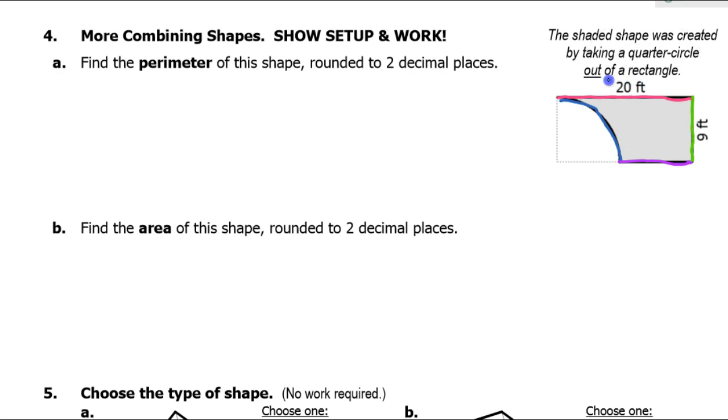And I'm going to call this length 1, and this will be length 2, and this will be length 3, and this will be length 4. So let's see, length 1 is given, that's 20. Length 2 is also given, that's 9.